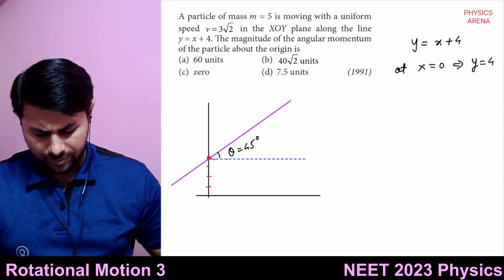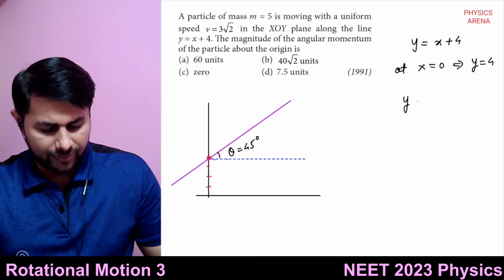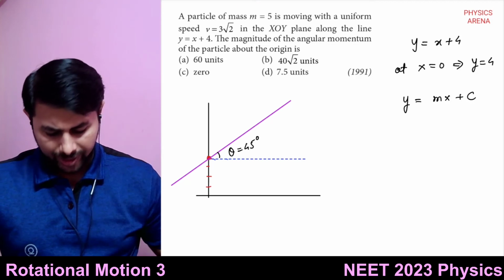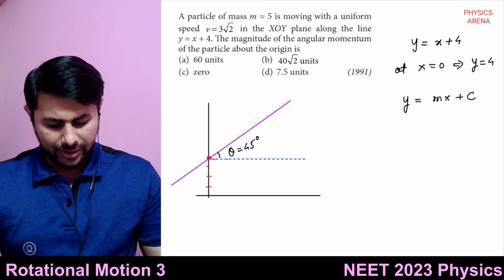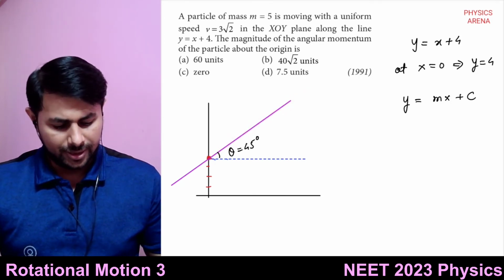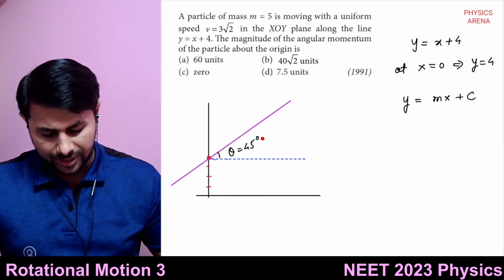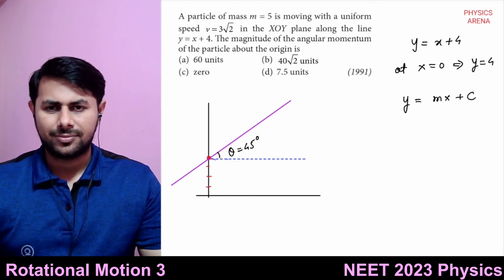See, y is equal to mx plus c is the equation of a line, if you remember. m is the slope of the line, and how can you find the slope? By using tan of theta, right? So m is equal to 1 here, tan of theta will be equal to 1. That means theta is 45 degrees. Is it clear? Okay, everybody.